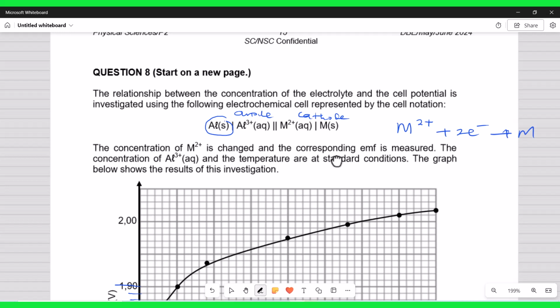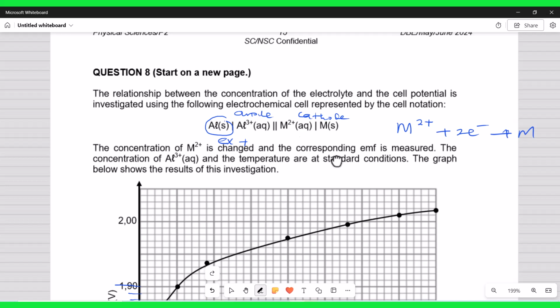I repeat here, this one, because of oxidation, you're going to have an excess of the positive ions. Now here, where reduction takes place, you're going to have a deficiency of positive ions, so an excess of negative ions here.